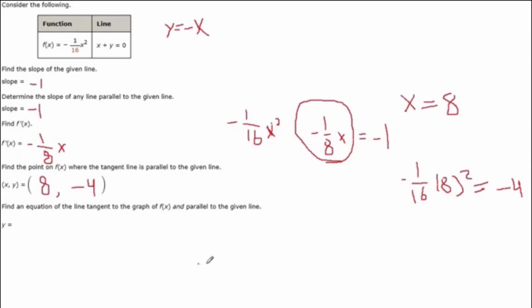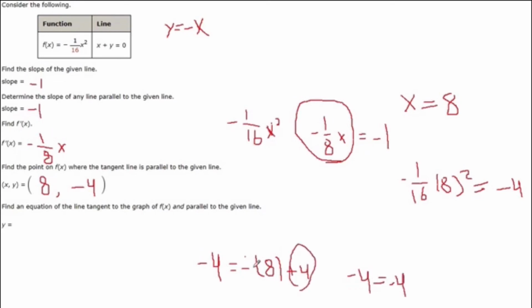So it'll be y equals, oh, that was bad, y equals, and then we get our 8 in there, and from here we can find that our intercept should equal 4, making it 4 minus 4.